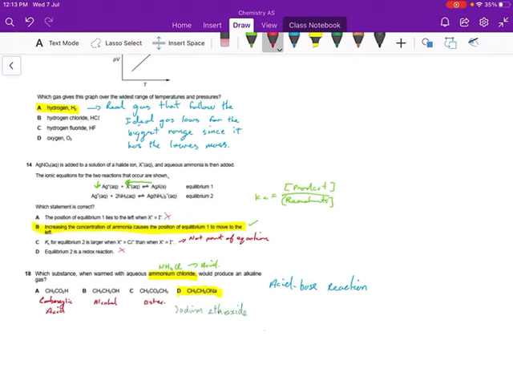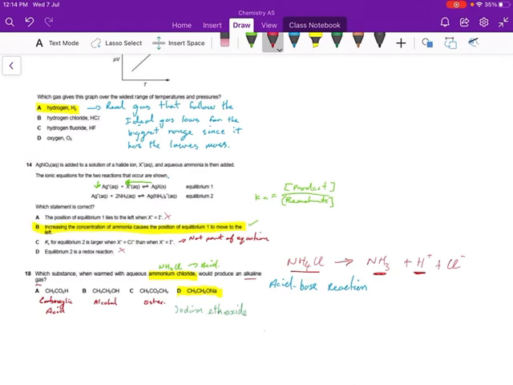Well, if an alkaline gas is going to be produced, I'm thinking of my NH4Cl producing NH3 plus H plus and Cl negative. So there's acid-base, my acid in there. But remember, if we're thinking about an acid-base reaction, this is my acid, it will act as an acid, we need a base to react with it.